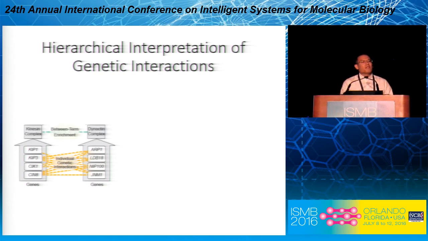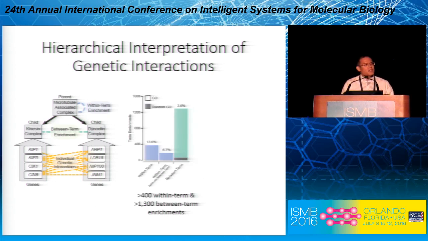However, if we know that these genes are part of the kinesin and dynactin complexes, then we can reinterpret these many interactions as a single interaction between two terms, kinesin and dynactin. And further, if we have even higher level knowledge that kinesin and dynactin are parts of microtubules, then we might reinterpret all these interactions as just a single interaction within microtubule-associated complexes.